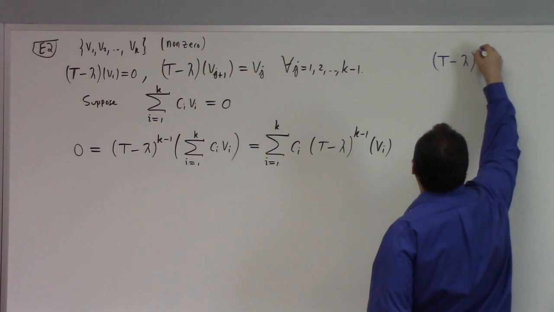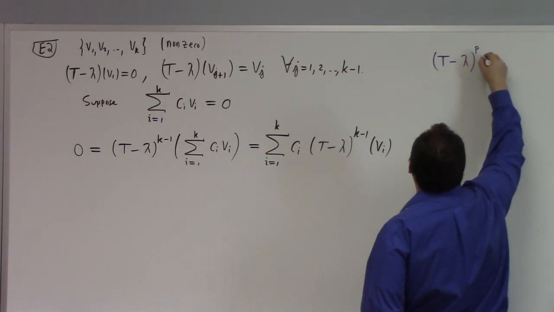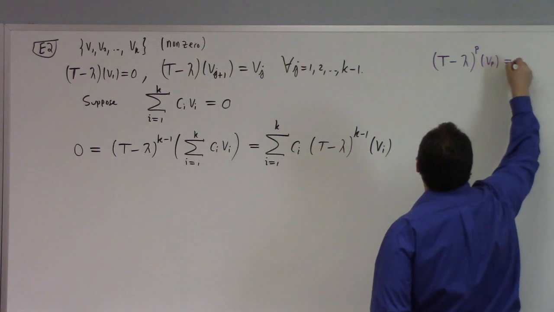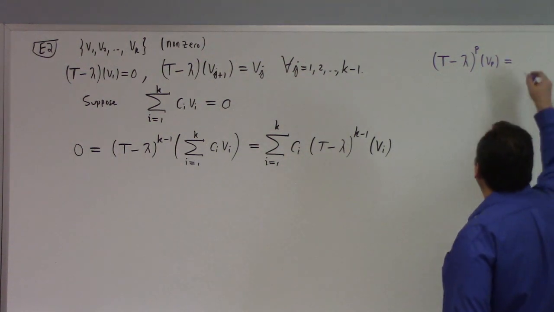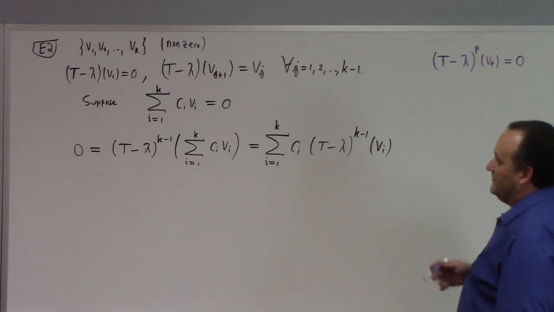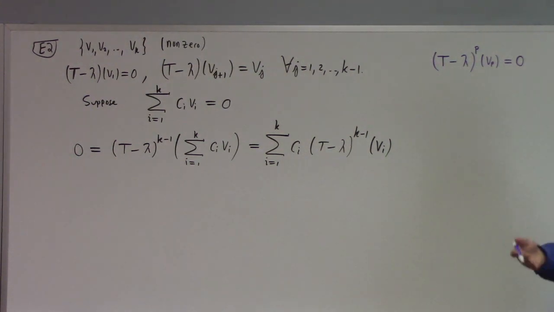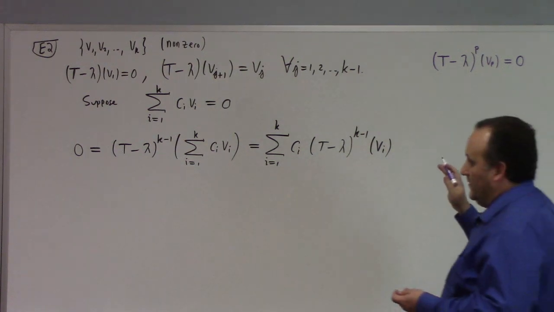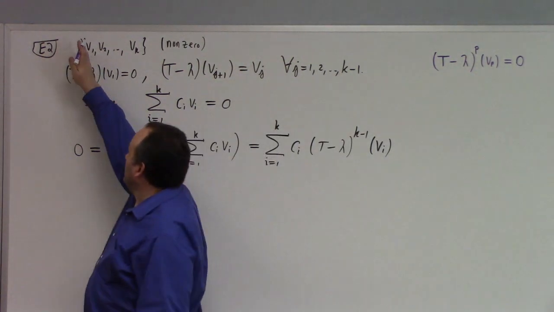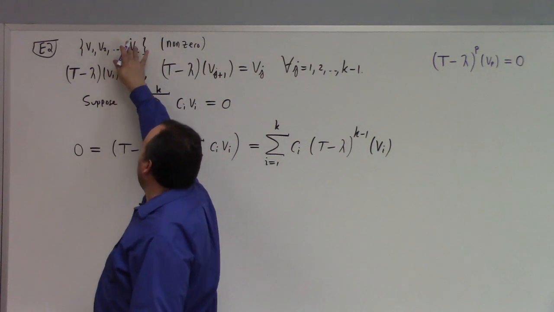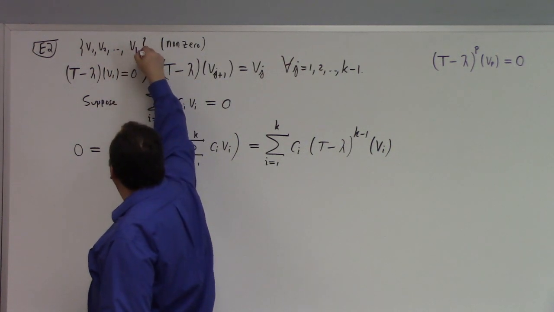(T minus lambda) to the p acting on v_p equal to what? 0, right? It's true for 1. It's true for 2. We worked that out in the previous class, actually. It's true for 3. So the way this works is in the k-chain, the pth level is a generalized eigenvector of order p. So you have eigenvectors of order 1, just plain old eigenvectors, order 2, all the way up to order k, right?